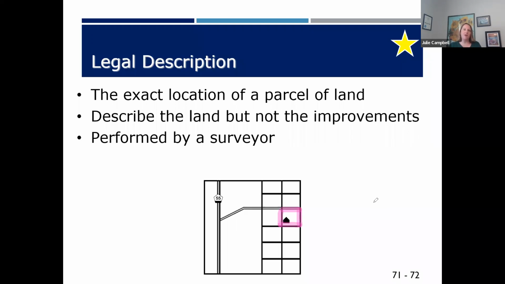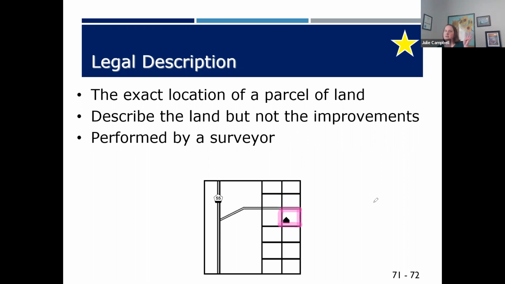I can advise them to contact a surveyor. If my buyers want to read their survey, they get the survey and then they read it and they say, what does all this mean? I can't interpret it for them. I'm not a licensed surveyor. So I have to help get them in the right direction and help them understand the importance of a survey as well, which we will talk about in just a minute.